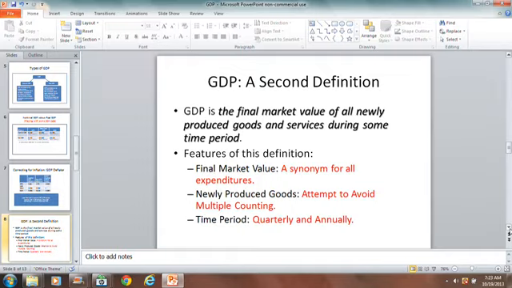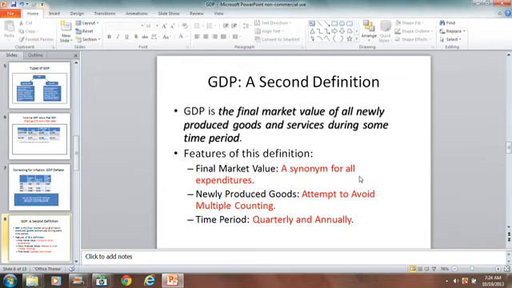So final market value occurs when a buyer and a seller, or buyers and sellers, agree. So final market value is really code for expenditure, because the person that buys my house will have to spend a certain amount of money to acquire my house. And once that transaction occurs, that creates the final market value at that moment.